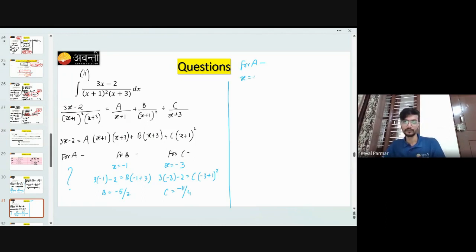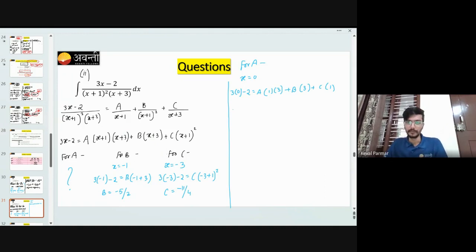On the left hand side, I will get 3 into 0 minus 2 is equals to A, here it will be 1 into 3, plus B into 3 plus C into 1. Correct, na? Am I making a mistake? No. And we know the value of B and C. Substitute the value of B and C.